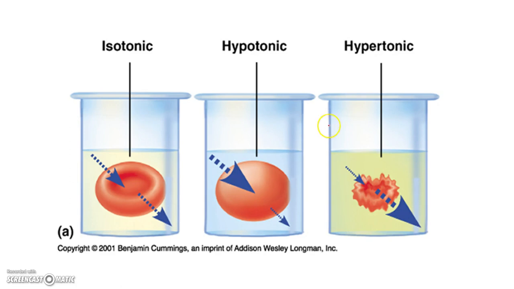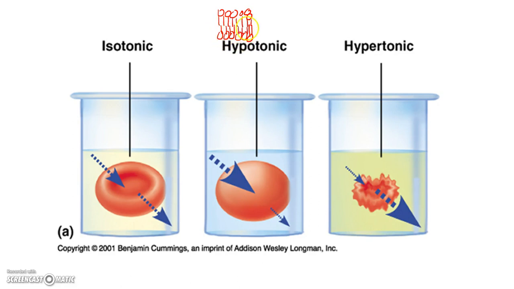All right, another type of passive transport is the transport of water through the cell membrane. If you remember what the cell membrane looks like, it kind of looks like this on one side.